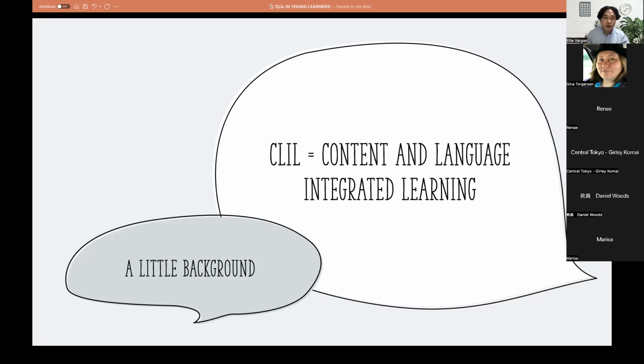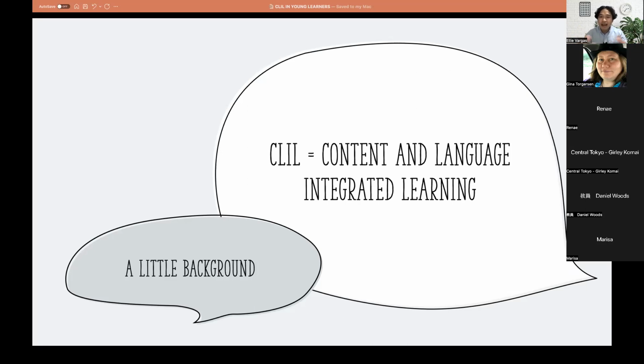At Sophia, where I finished my grad school, they're doing it at the university level, and they're actually the pioneer in CLIL in Japan. And it's integrated learning because the students learn both content and language at the same time.